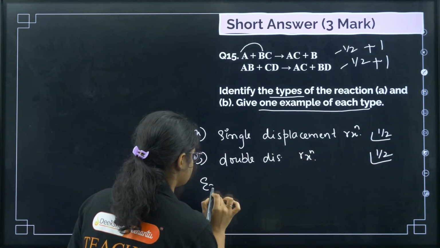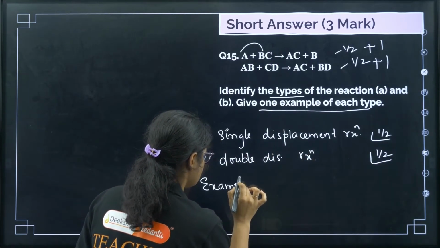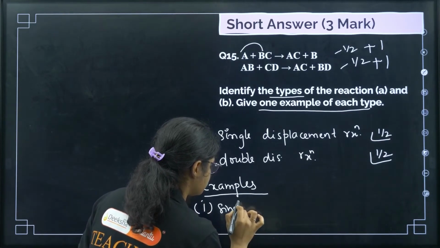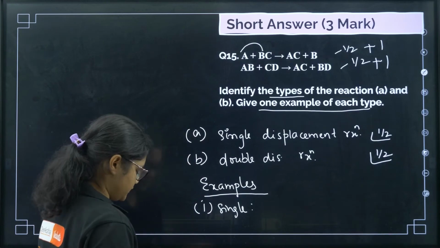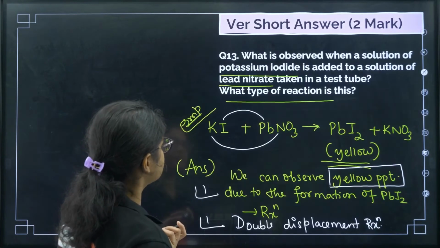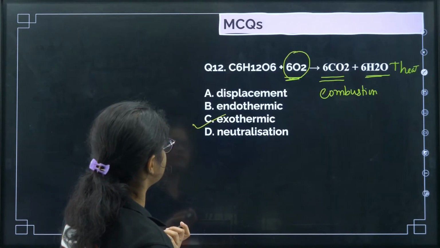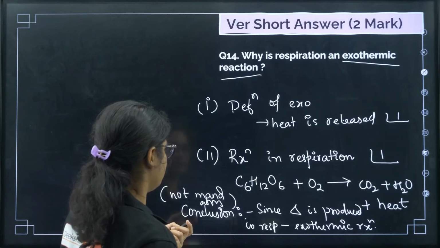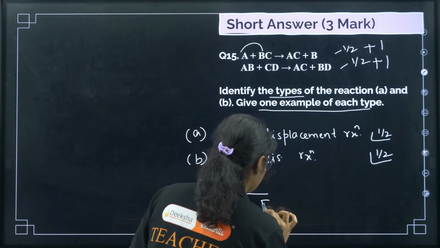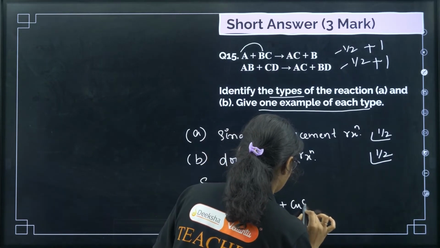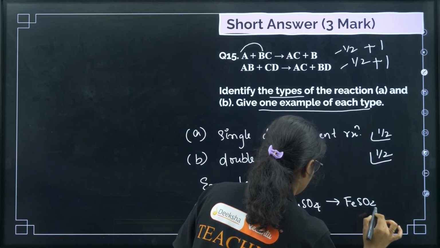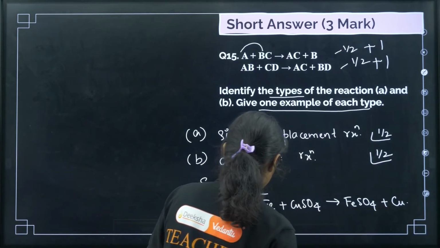Next, examples. For the first one, single displacement reaction, you can write any example. Just now we wrote a reaction here, right? Yes, Fe plus CuSO4. You can write Fe plus CuSO4 gives you FeSO4 plus Cu, right?